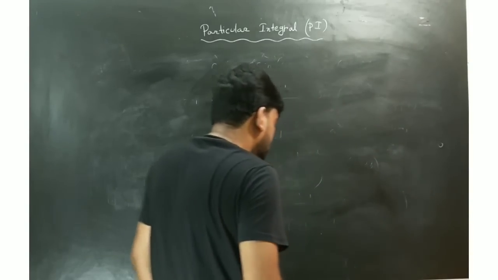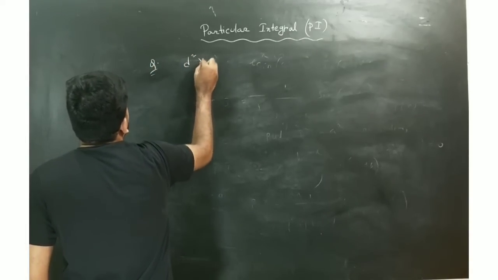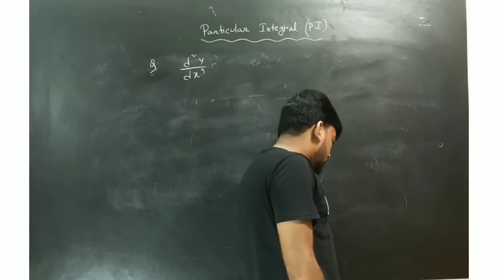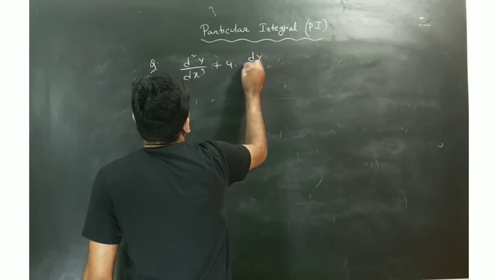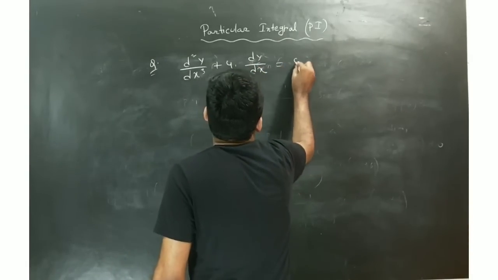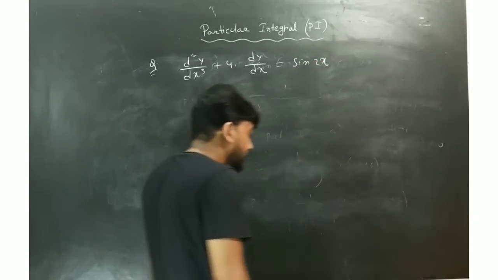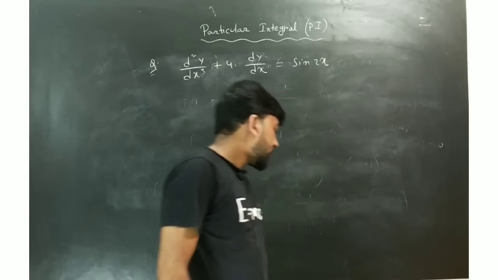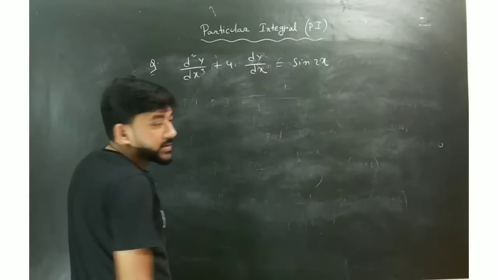d cube y by dx cube plus 4 dy by dx is equal to sin 2x. Now let me first write it in symbolic form.